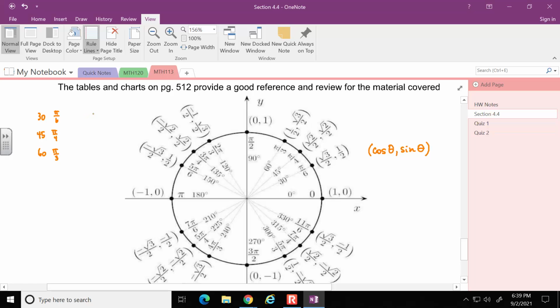And I may struggle with this, so bear with me. 3, 2, 1, 1, 2, 3. Anywhere where I have a 2 now, I'm going to put a square root symbol over it. And then I'm going to put everything over 2.